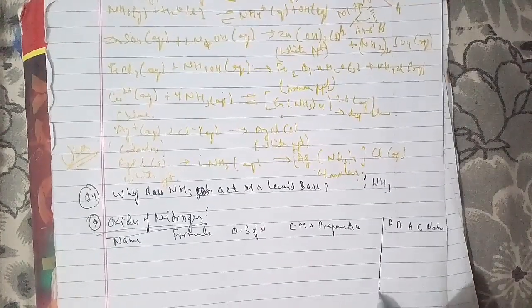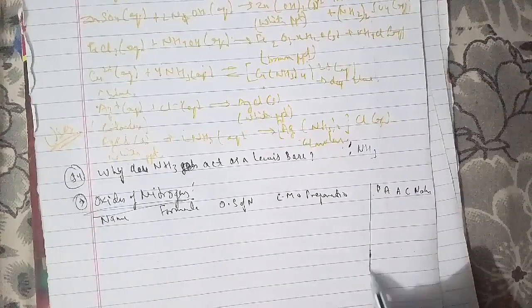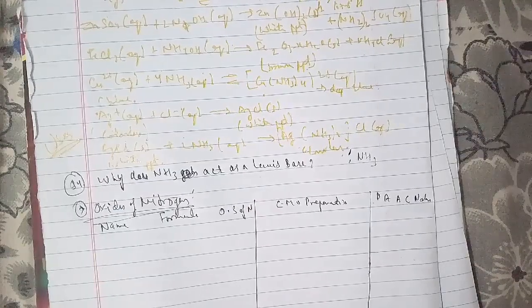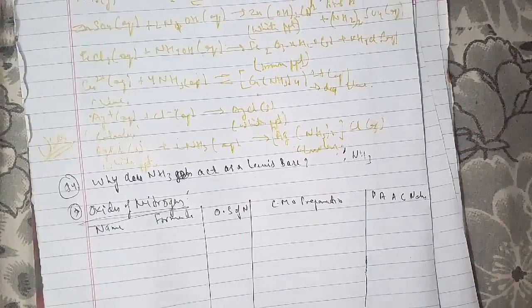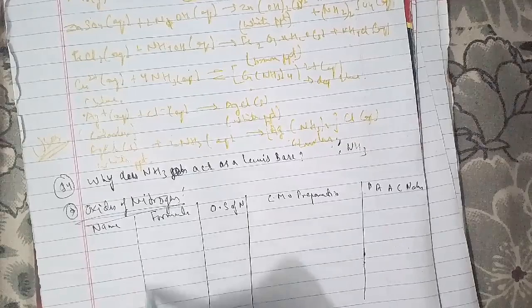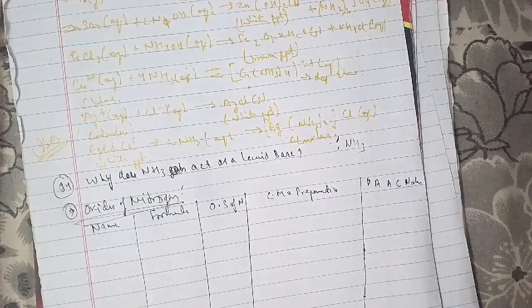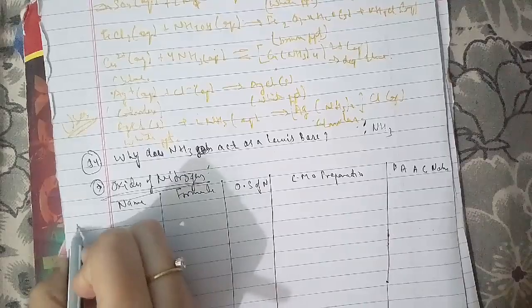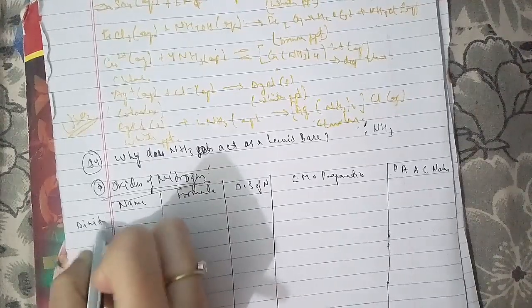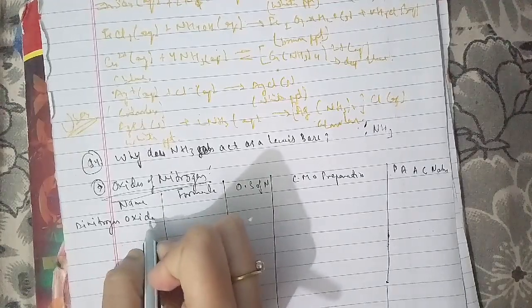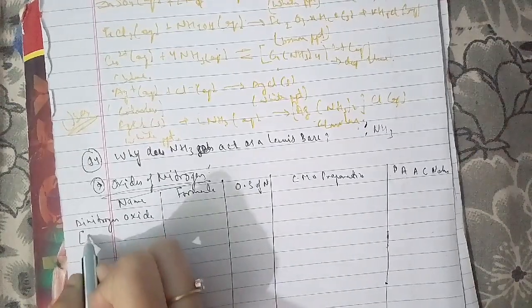The preparation is 2NaNO2 plus 2FeSO4 plus 3H2SO4, which gives Fe2(SO4)3 plus 2NaHSO4 plus 2H2O plus 2NO. It is a colorless gas and neutral.